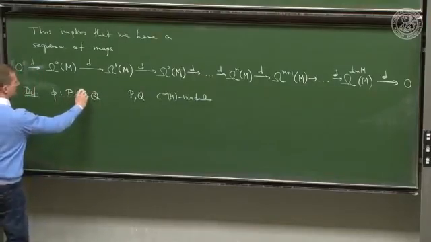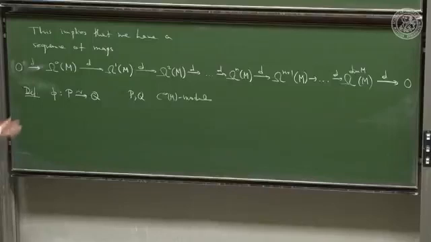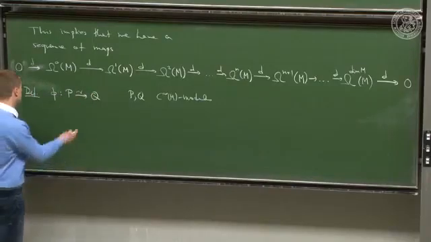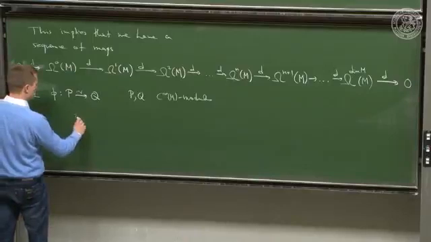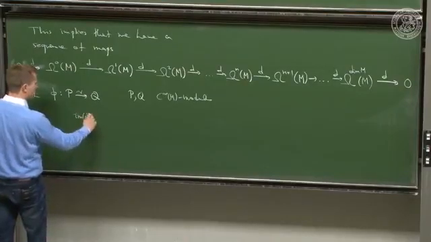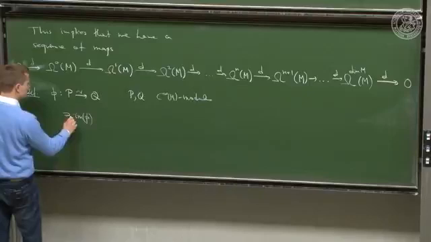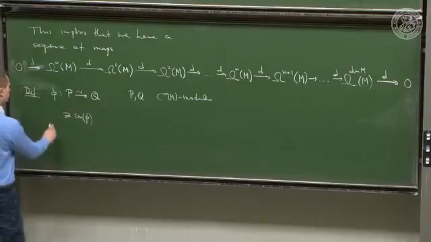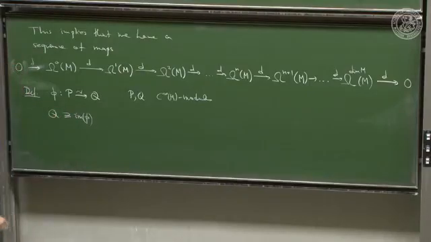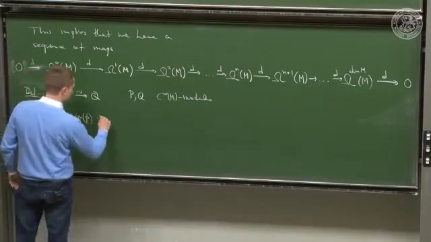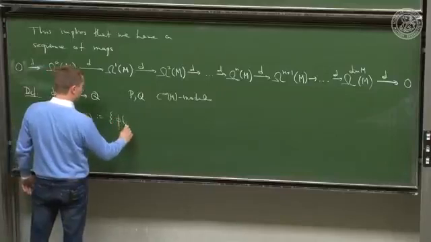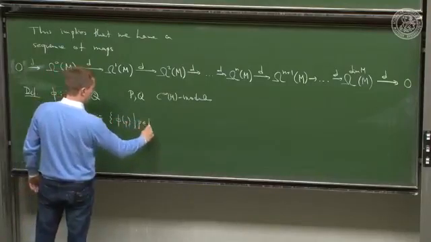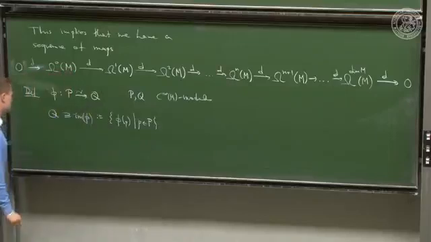If you have a linear map between two modules, you probably saw this between vector spaces, then you can define two things. You can define something called the image of the map, which is a subset, of course, of the target of the map, and it is all those objects phi of p for p in P. It's all the images.